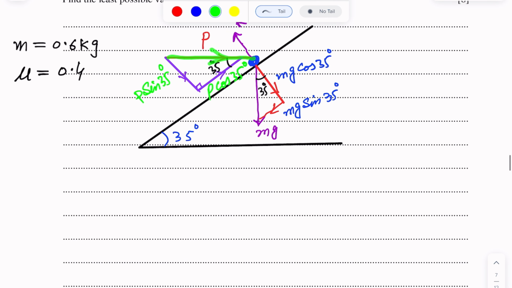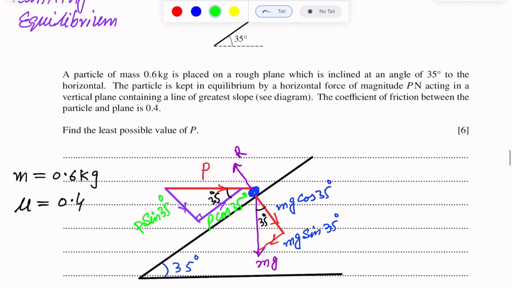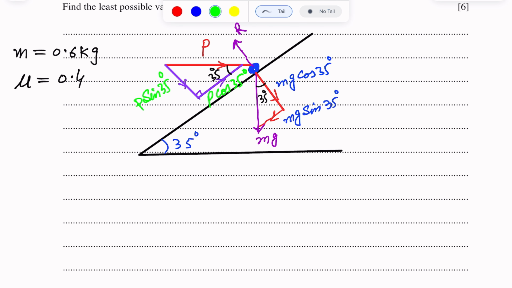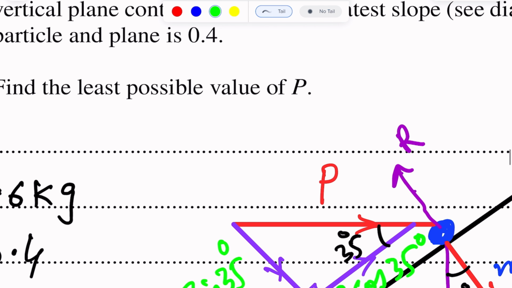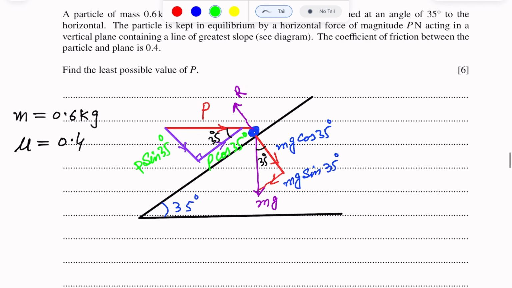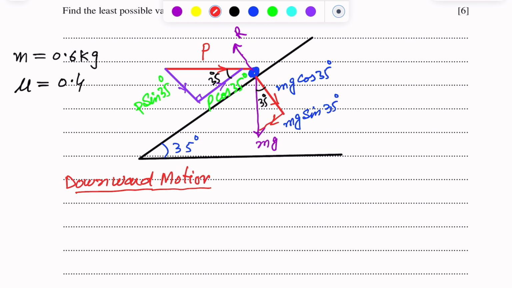Now we have to find the least possible value of P. I have already explained that we can find the least possible value of P if the tendency to movement of this particle is downward.